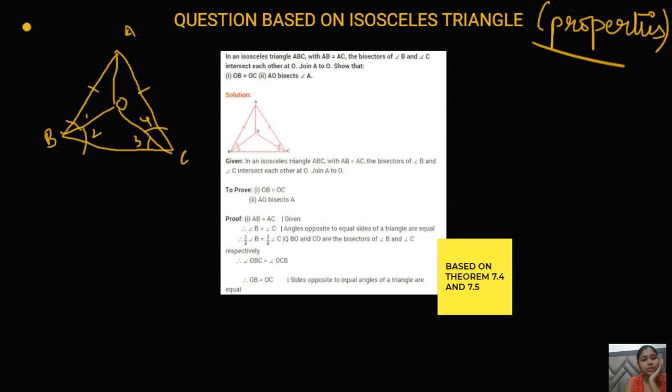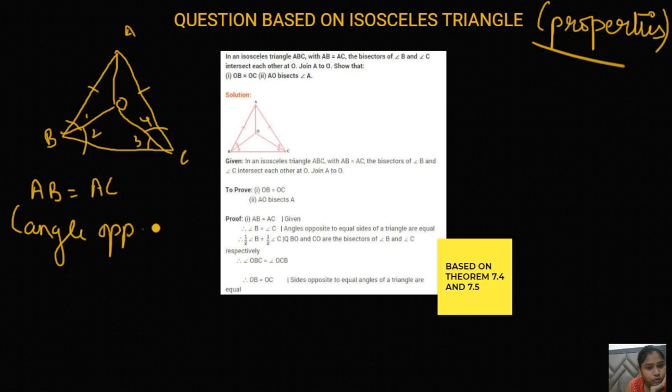Let me explain what I meant. Since AB equals AC, the angles opposite to the equal sides are equal. Am I right? Yes.